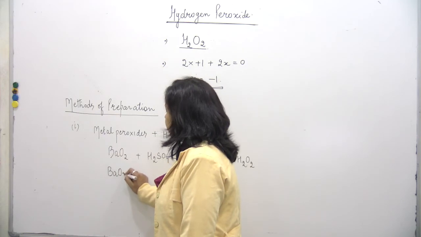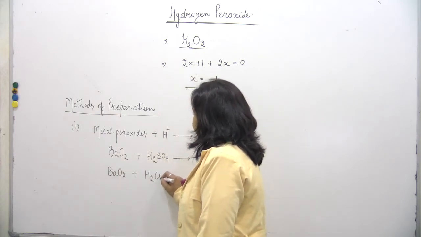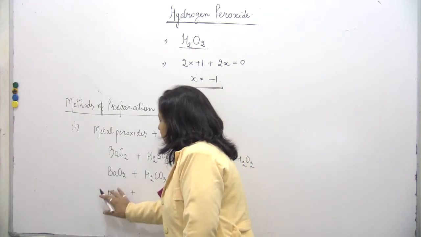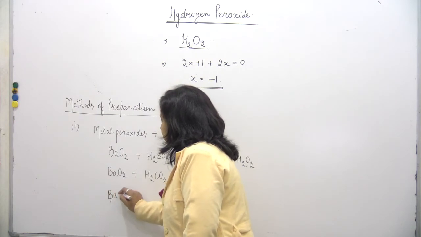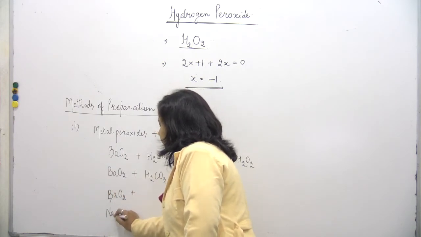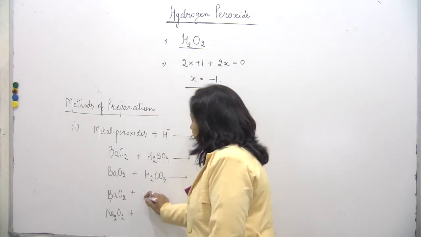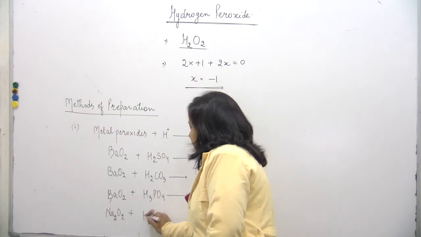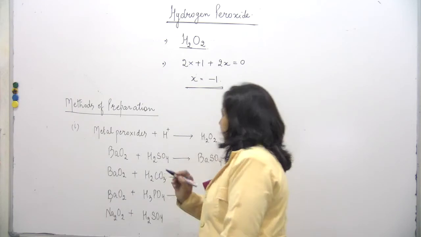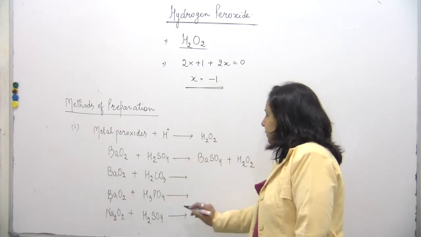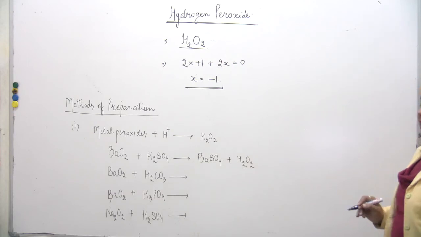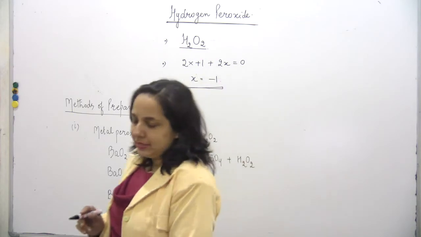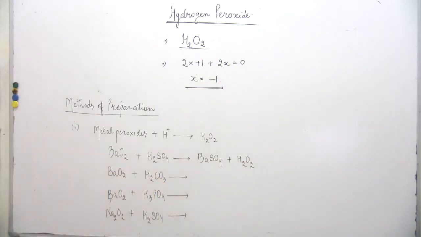Barium peroxide plus carbonic acid, barium peroxide or sodium peroxide plus phosphoric acid. Complete these reactions, as these reactions can give us salt plus hydrogen peroxide. It means the first method of preparation is from metal peroxides reacted with acidic medium, or in acid. It is leading to the formation of hydrogen peroxide.